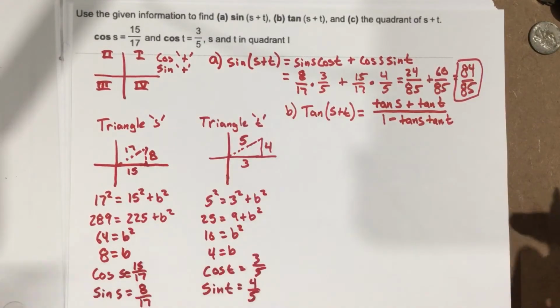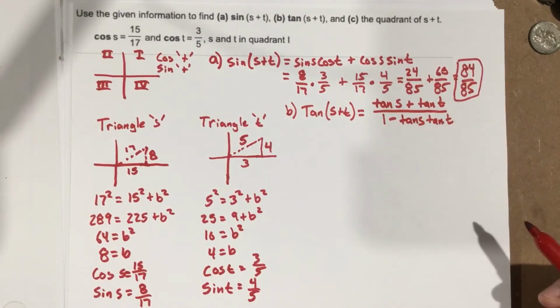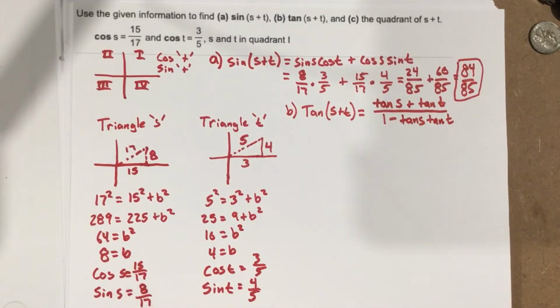The problem is we do not know tan s and we don't know tan t. But down here we've got cosine s and cosine t, and we can find tan because we know tan is sine divided by cosine. So let's write those out.